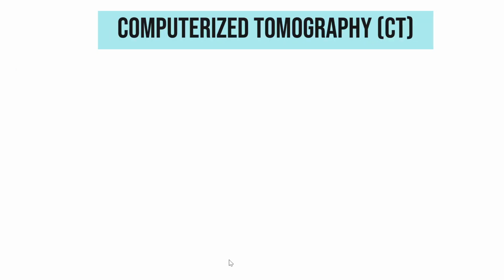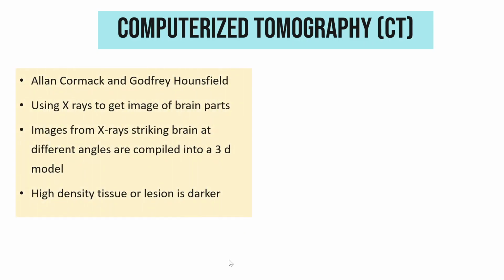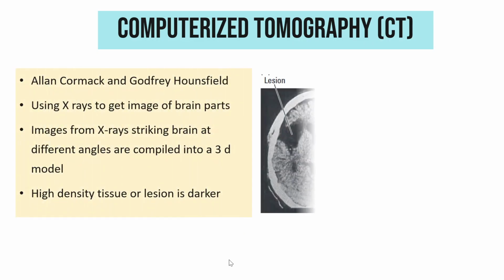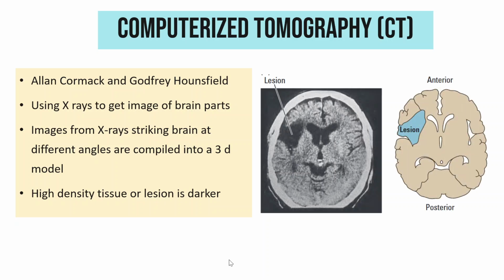So now we go to computerized tomography, that is CT scanning. These were discovered by Allan Cormack and Godfrey Hounsfield. They found that when you pass X-rays through the brain, you get a form of image. In the brain, there are certain dark portions and certain light portions.